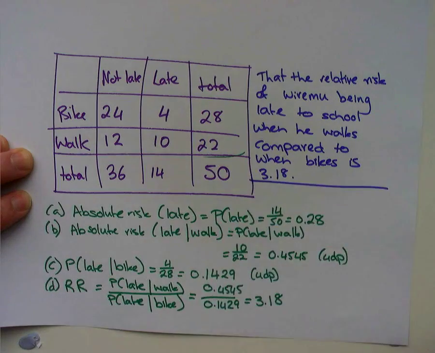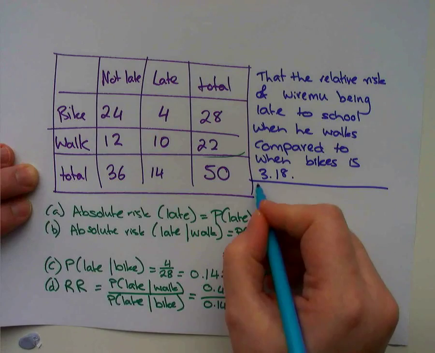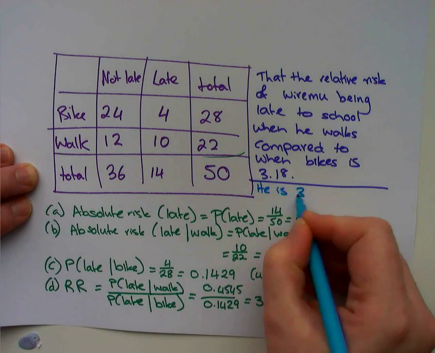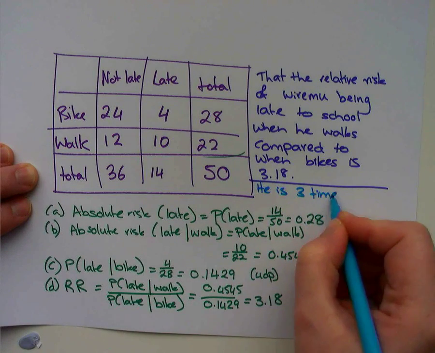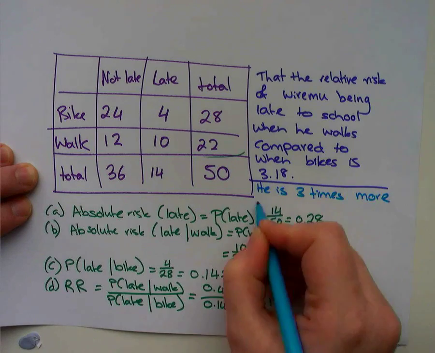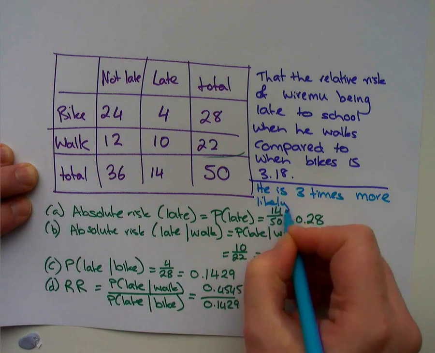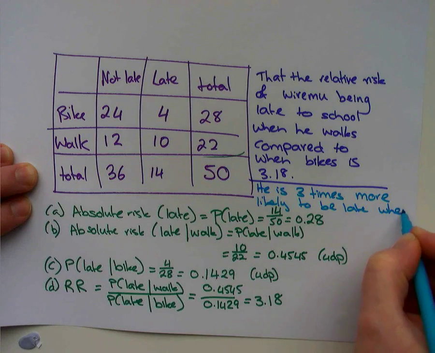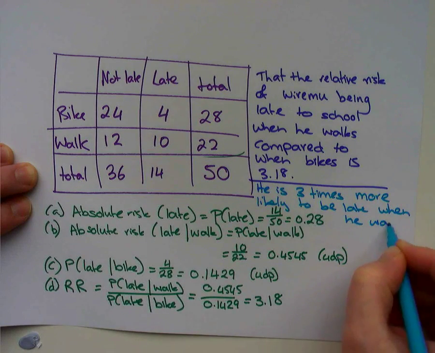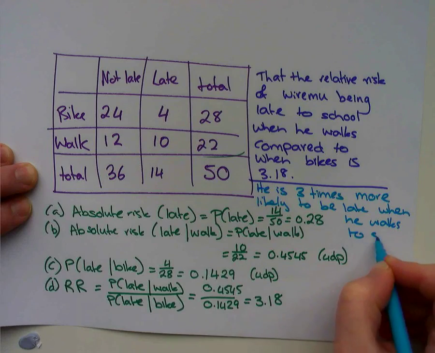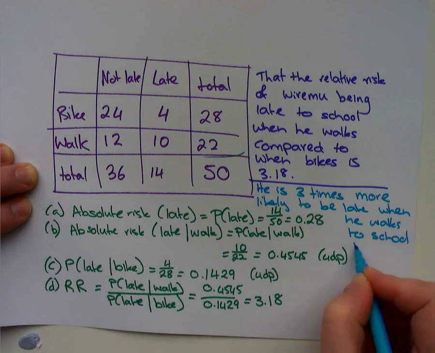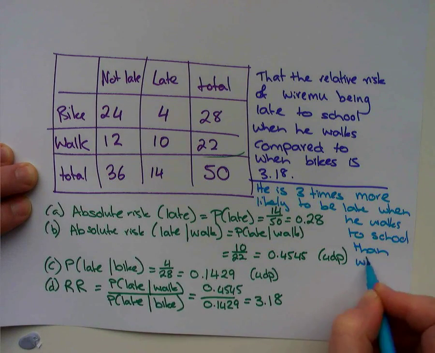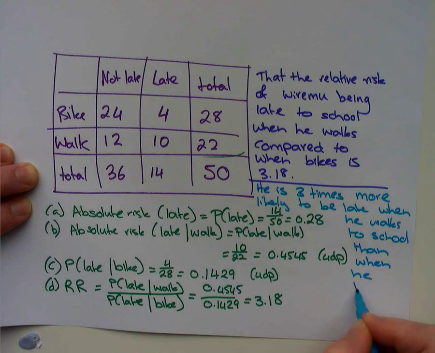Okay. Another way to interpret that is he is 3 times more likely to be late when he walks to school than when he bikes. And there we go.